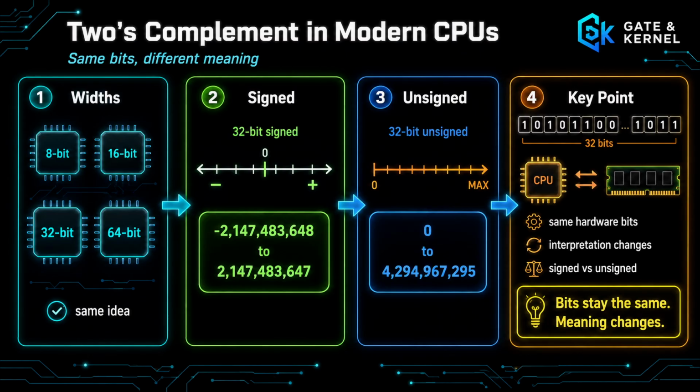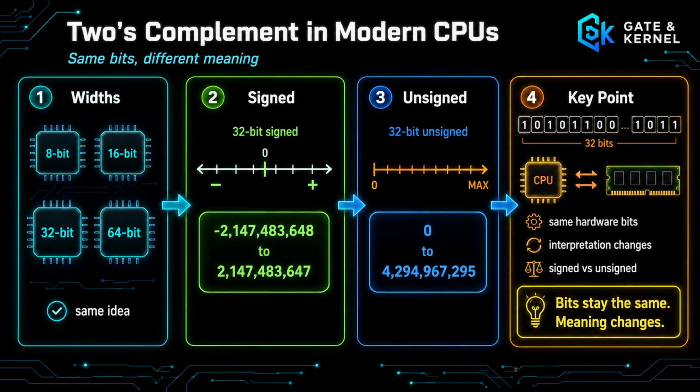Chapter 25. 2's complement in modern CPUs. Modern CPU architectures use 2's complement for signed integer arithmetic. The same basic idea works for 8-bit, 16-bit, 32-bit, and 64-bit integers. For example, a 32-bit signed integer ranges from -2,147,483,648 to +2,147,483,647.